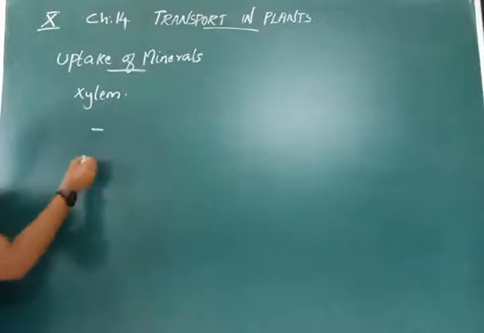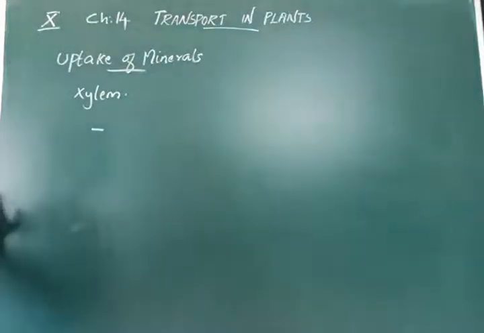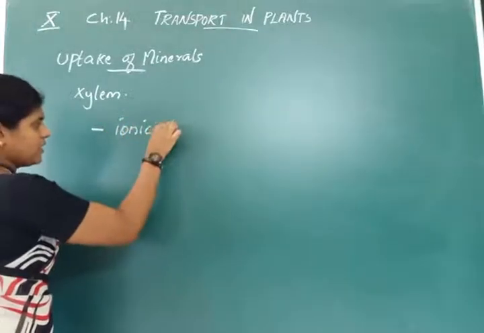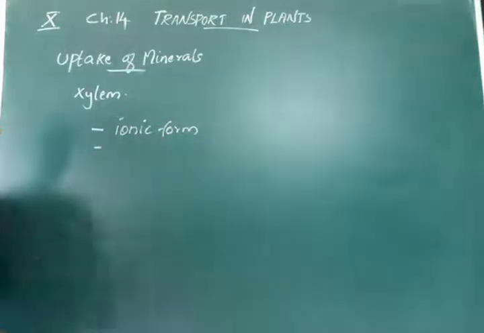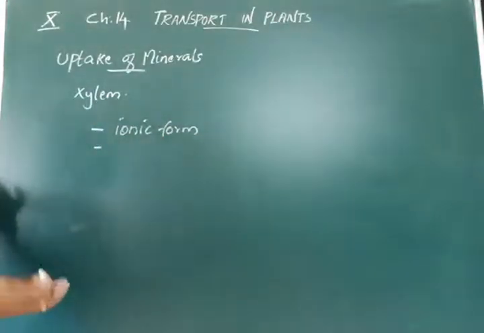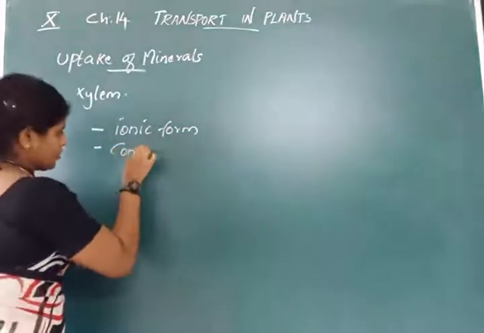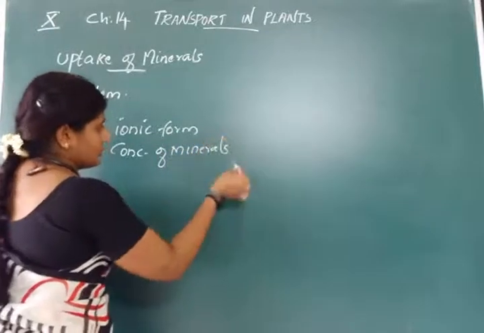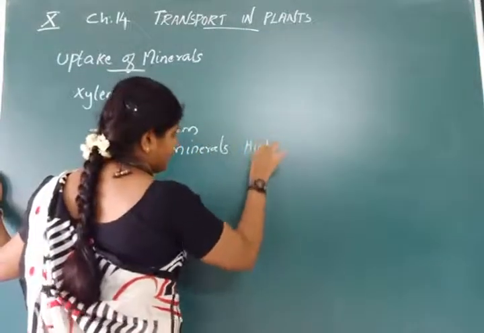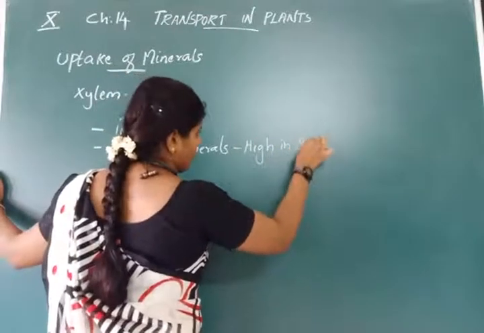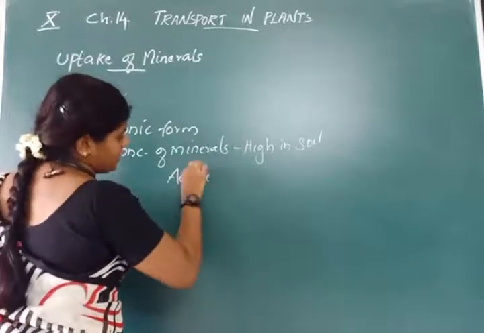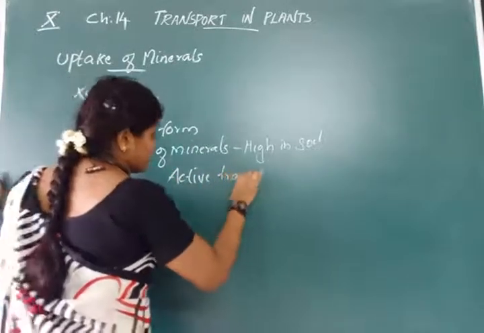But two conditions are there. First, the mineral should be in its ionic form. Then the next condition is that the concentration of minerals should be high in the soil, so that through active transport the root hairs can absorb minerals.